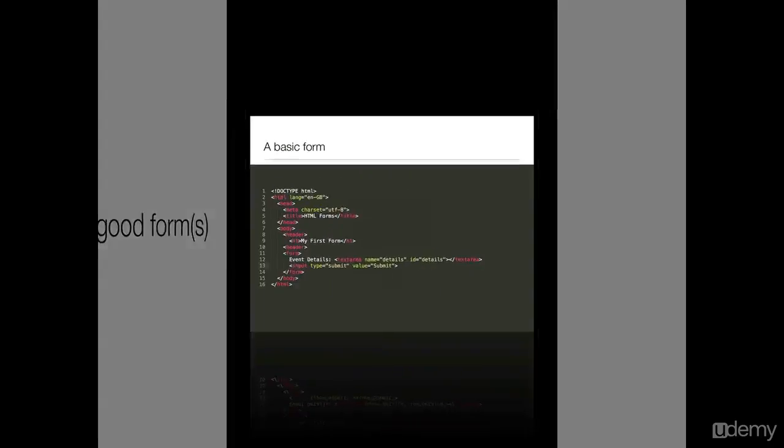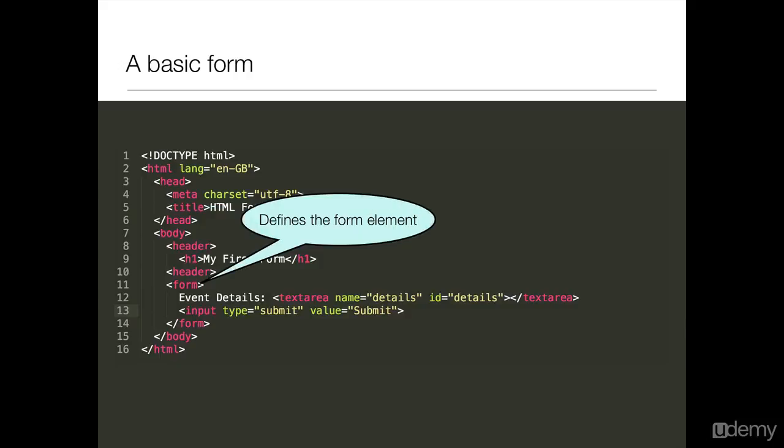So let's look at how to do forms well. Good form in the form business is to follow the guidelines, which I'm going to give you here. So here we've got an entry-level form, very basics. I've got the form tag wrapping the content of the form element.